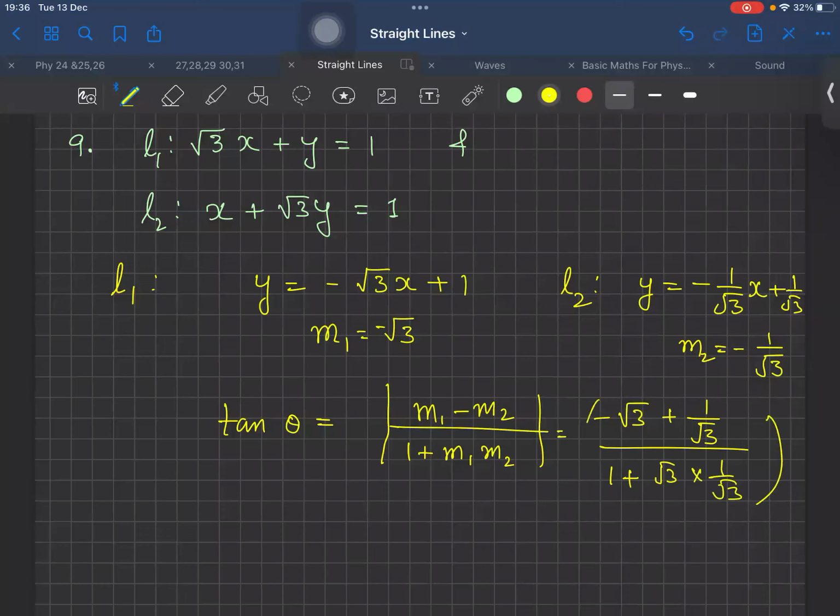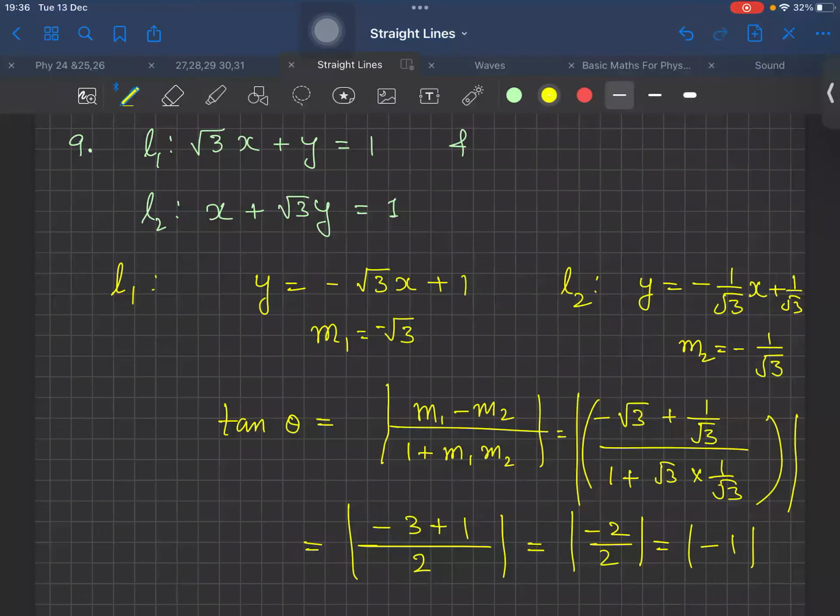Always don't forget the modulus. So this will be equal to minus 3 plus 1 upon 2, modulus. So this will become minus 2 upon 2 modulus. So that will be minus 1 modulus.